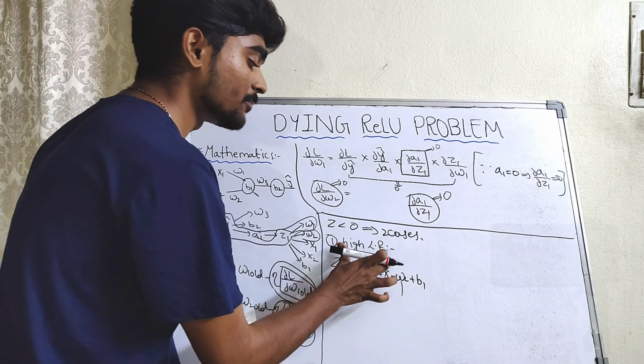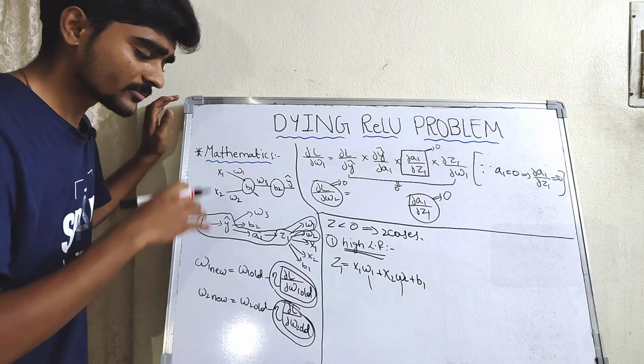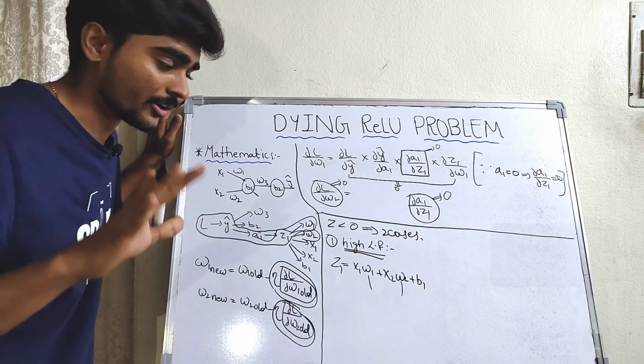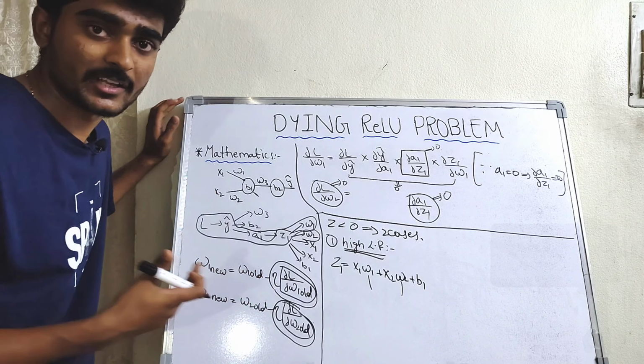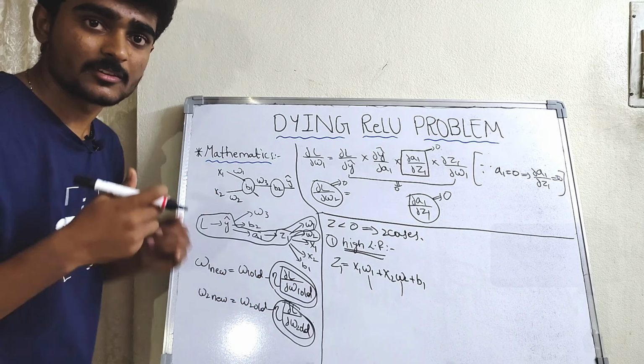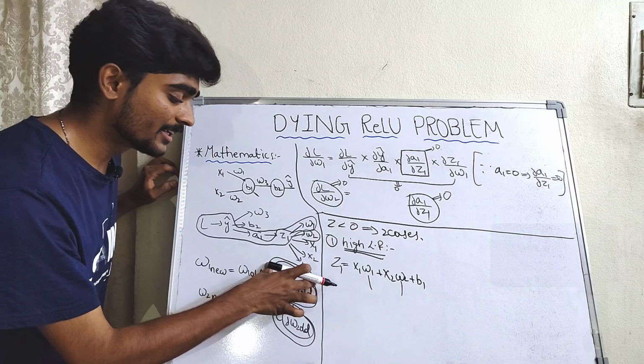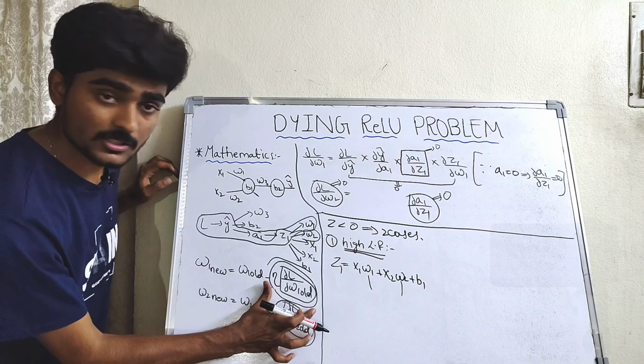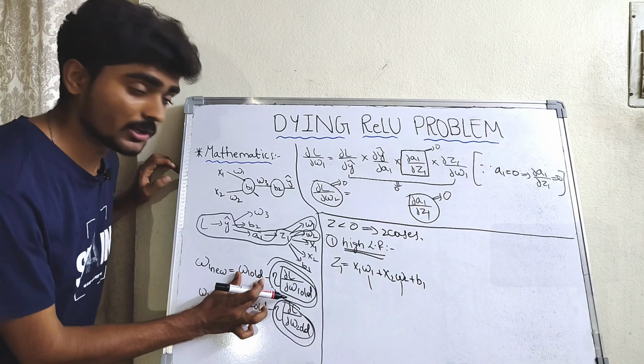Now when I set my learning rate to higher, maybe 2, 3, 4, 5, 6, any higher numerical value, then what actually happens is this term will be greater than this w1 old value.